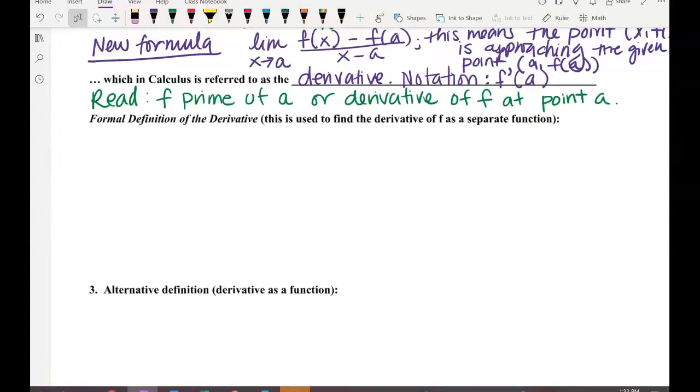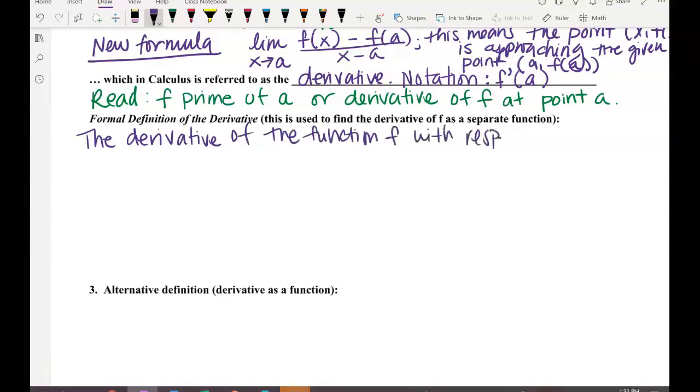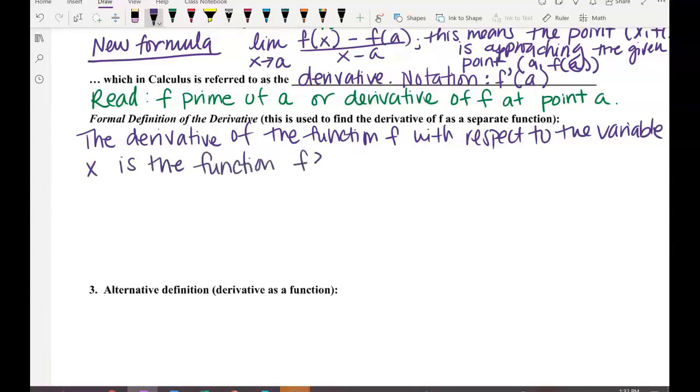The derivative of the function f with respect to the variable x is the function f prime whose variable x is, ready?